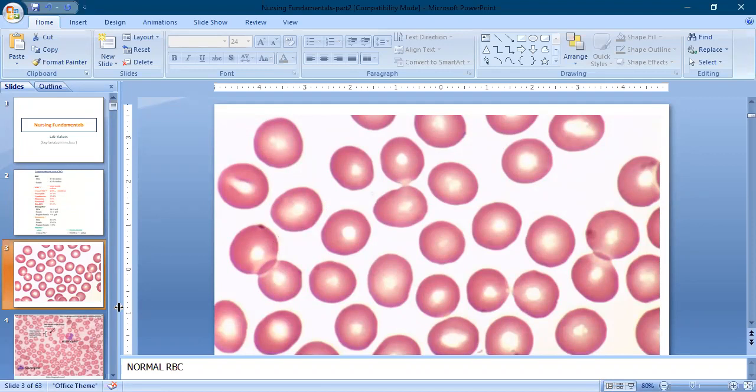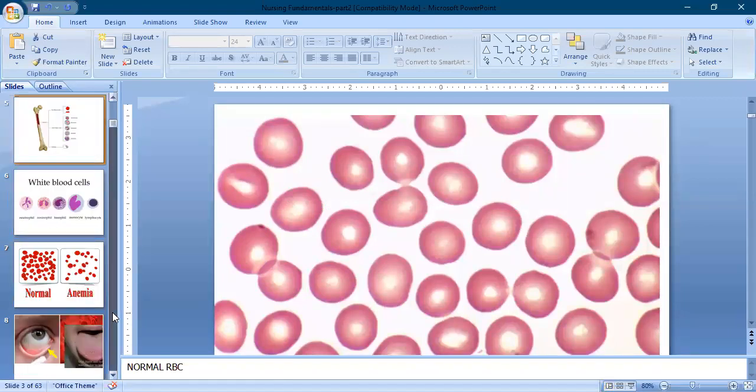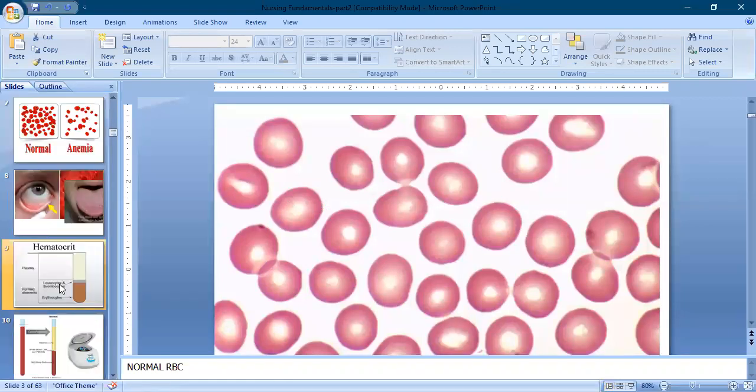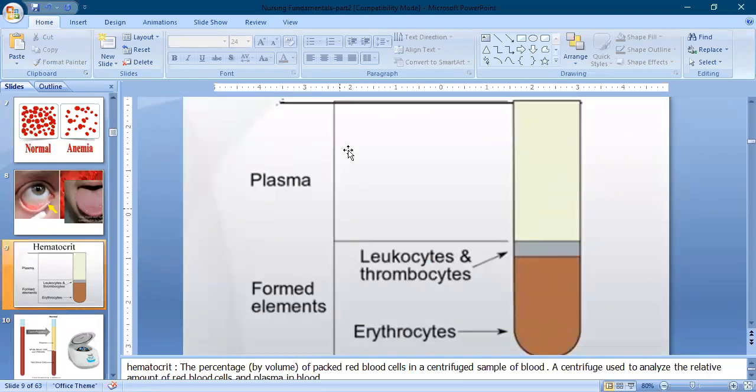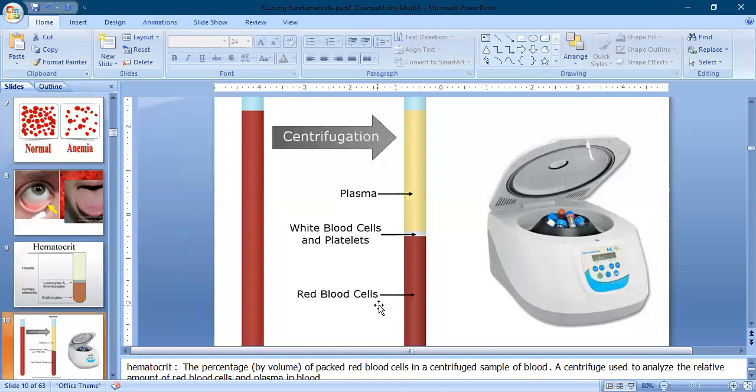So basically the blood has two portions. One part is called plasma and another part is called the corpuscle. Plasma is a liquid portion in the blood, and corpuscle basically contains red blood cell, white blood cell, and platelet.